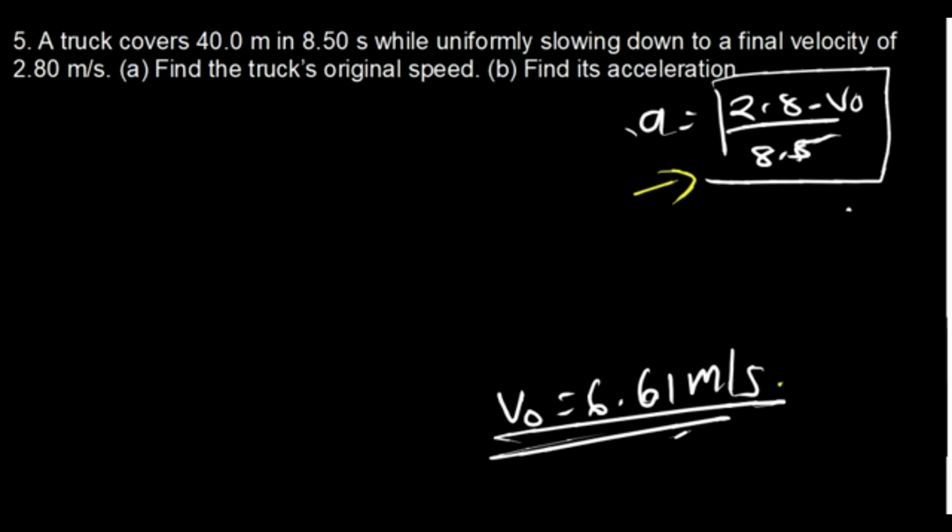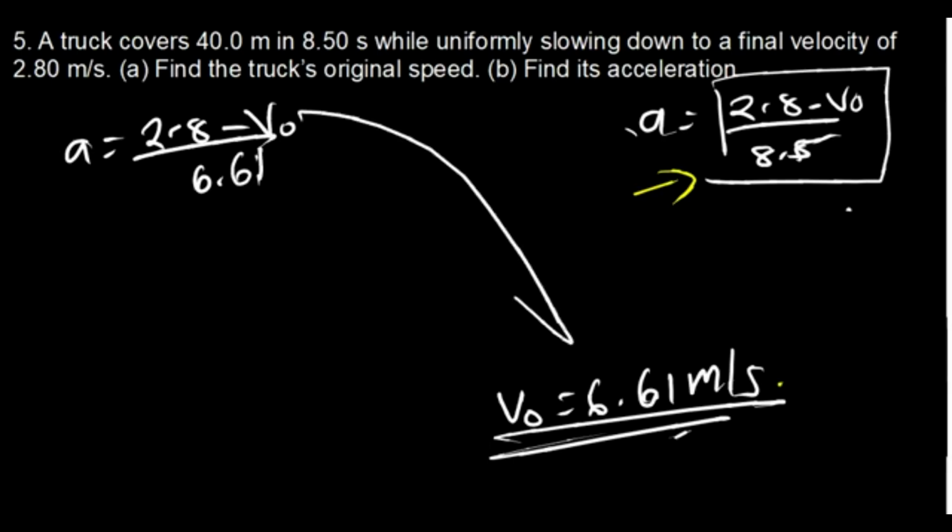It was decelerating, it was coming to rest, meaning that the acceleration is going to carry a negative. So the acceleration is equal to 2.8 minus v initial divided by 8.5.